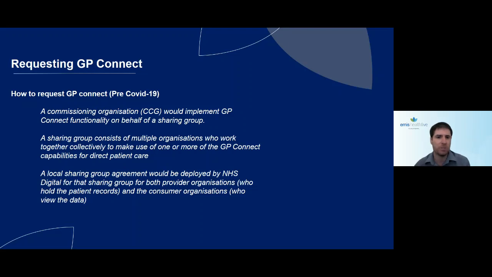A sharing group consists of multiple organisations who work together collectively to make use of one or more of the GP Connect capabilities for direct patient care. And a local sharing group agreement would be deployed by NHS Digital for that sharing group, for both provider organisations who hold the patient record and the consumer organisations who view the data.